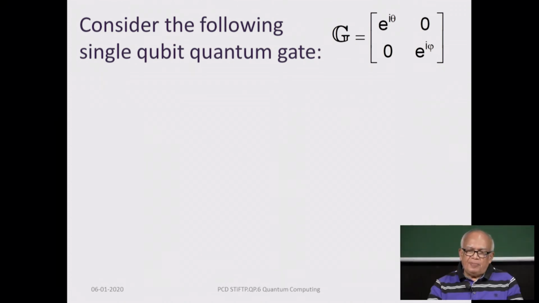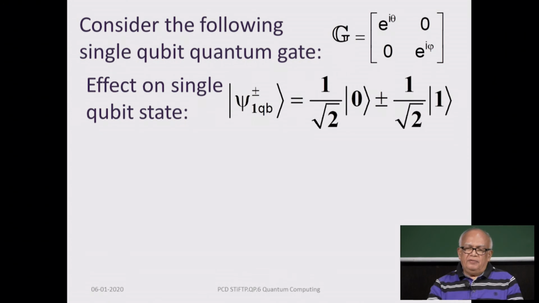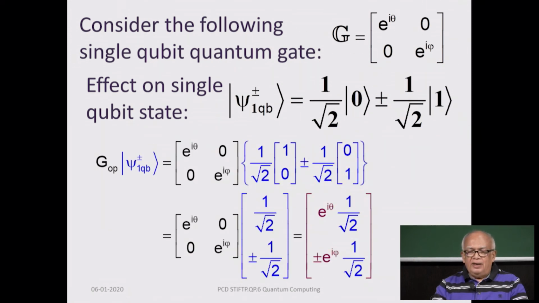So, here is another gate which is represented by these phase type terms in the coefficients of the matrix. Let us ask what effect this matrix will have on a qubit, and that qubit can be a superposition of 0 and 1 with a plus sign or a minus sign. Depending on the plus sign and the minus sign you get 1 over root 2 and then you have e to the i theta and plus or minus e to the i phi.